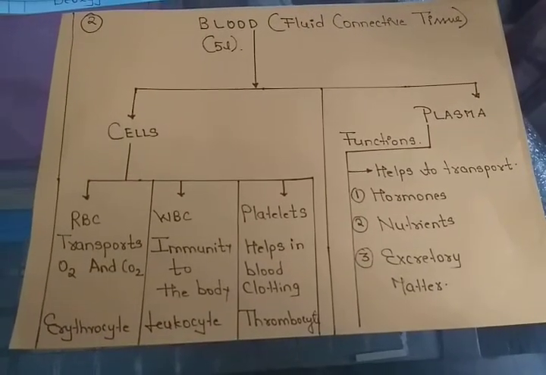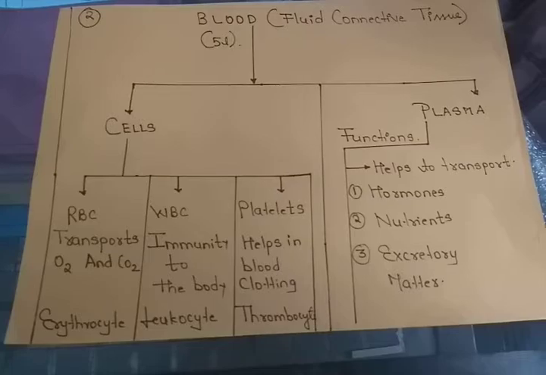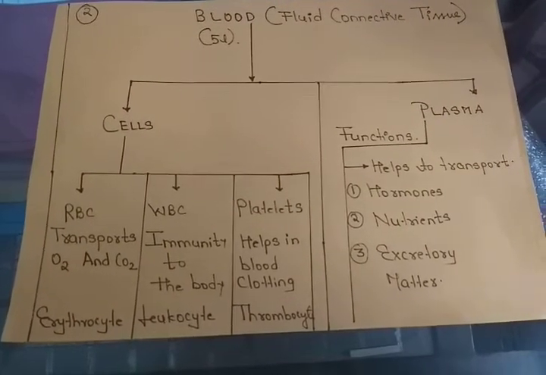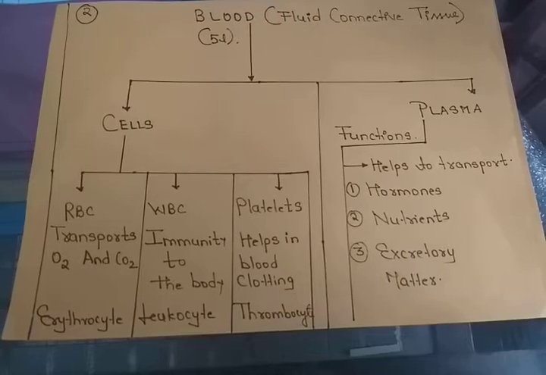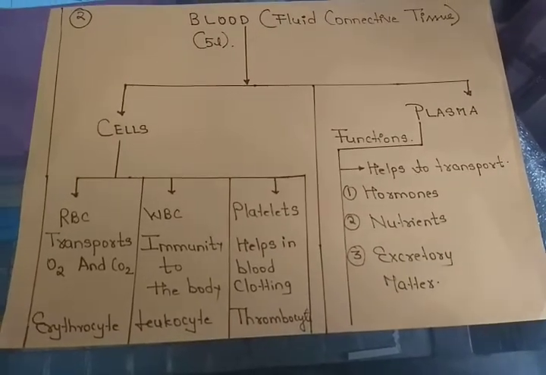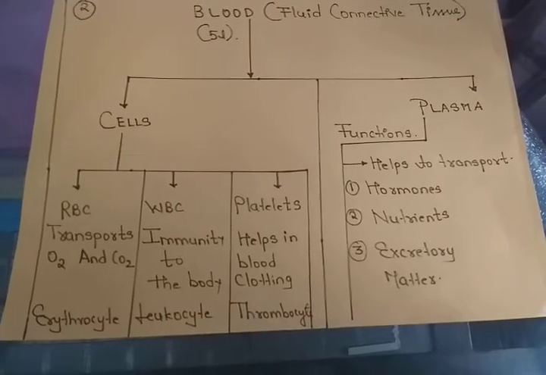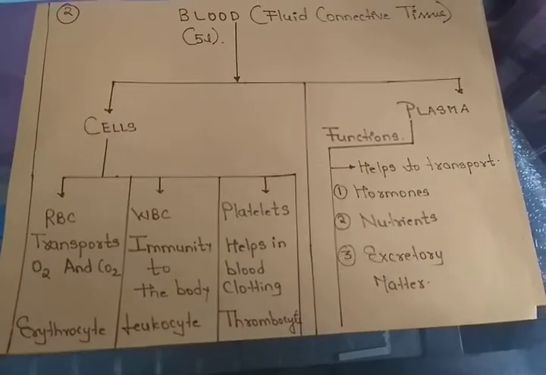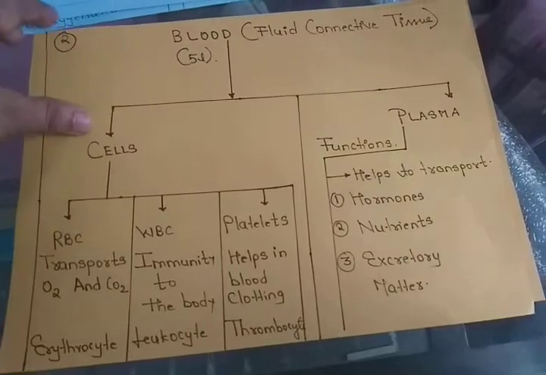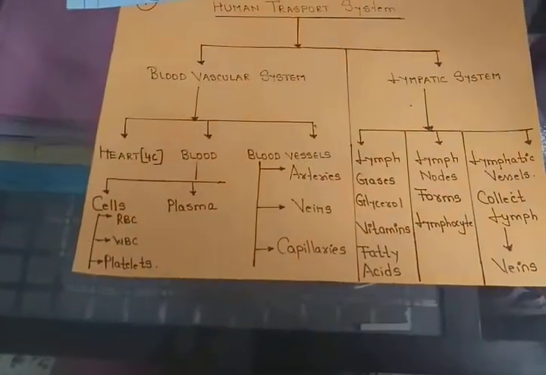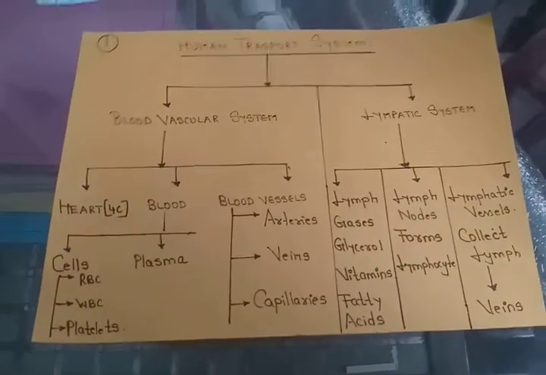And that particular organ enables pumping the blood to different parts of the body so that each and every part gets the required amount of blood for proper functioning. So there is a requirement of a particular system, and that system we call the human transport system.